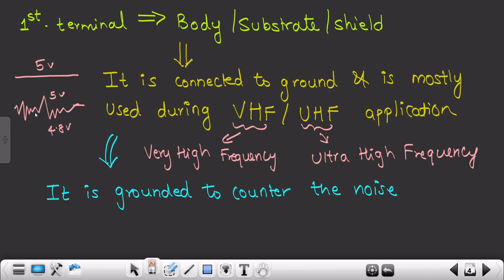If you have learned through my earlier videos, you would be well aware that noise has very high frequency, and if it gets amplified, that can create chaos in the entire circuit. So that's the reason we need to connect the body terminal to ground, to counter this noise.